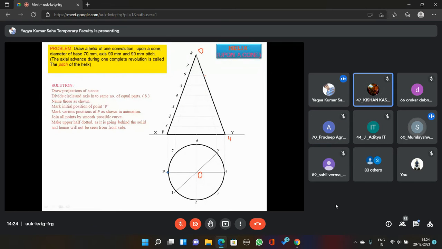Divide that 90 mm into 8 equal parts, not slant height. Axial movement means in the direction of the axis. So the axis is in the vertical direction. So divide this height, 90 mm, into 8 equal parts.